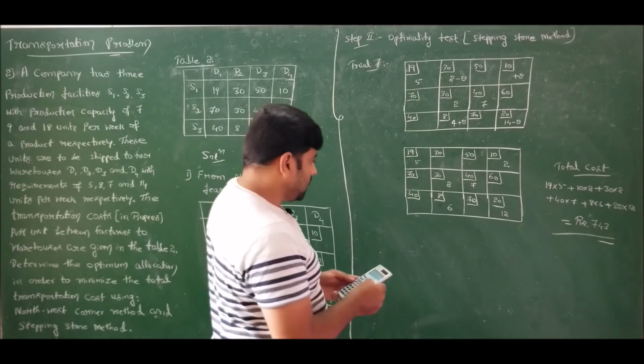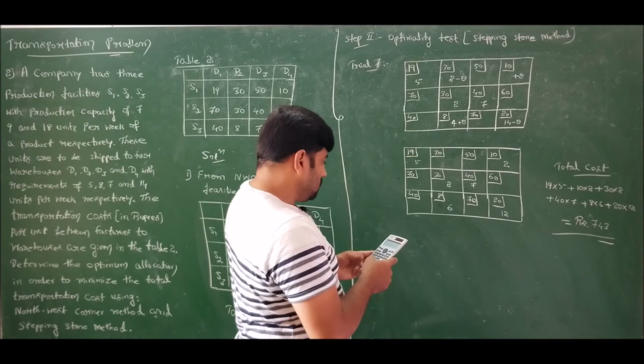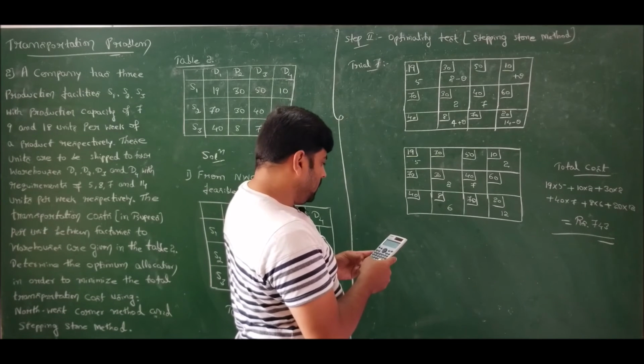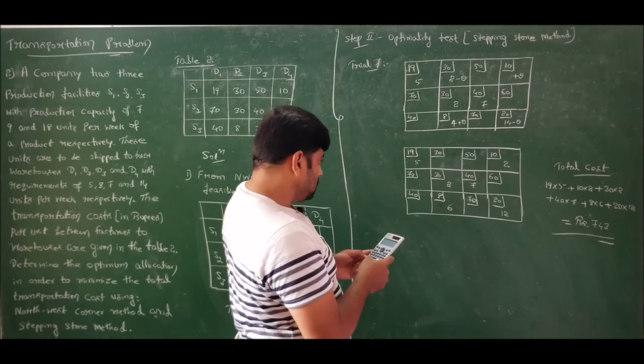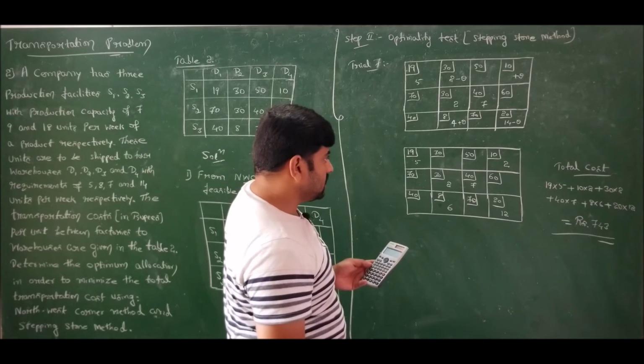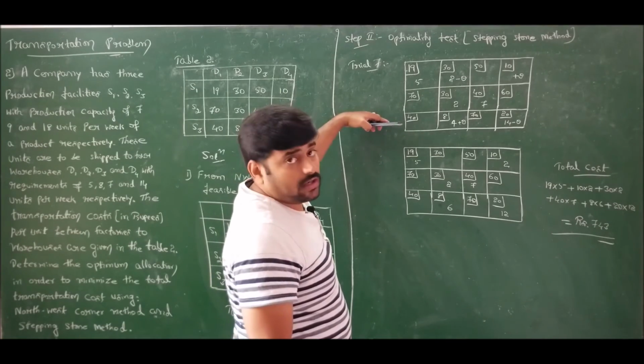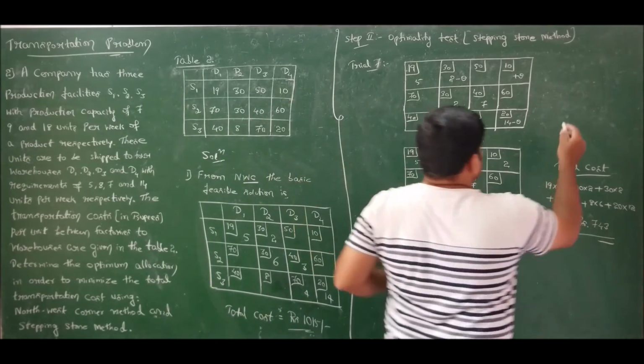Let me recalculate once again. 19 into 5 plus 2 into 10 plus 2 into 30 plus 7 into 40 plus 8 into 6 plus 20 into 12. 743 is correct. I think the trial 6 calculation might be wrong. It is not 721. Let me recalculate once again.